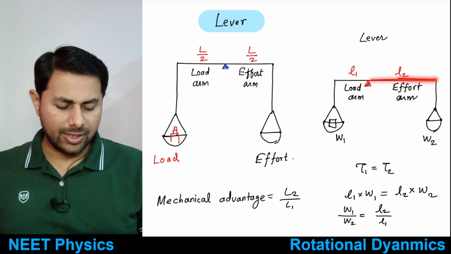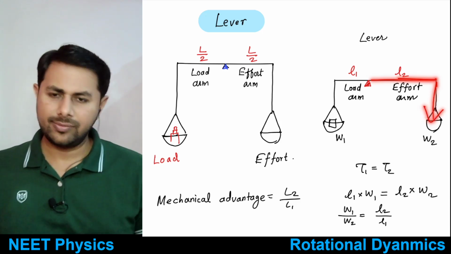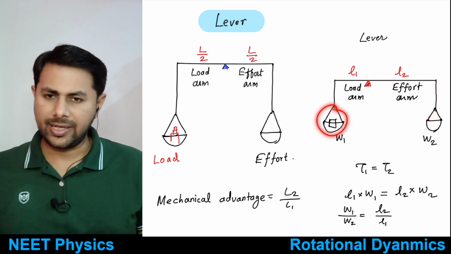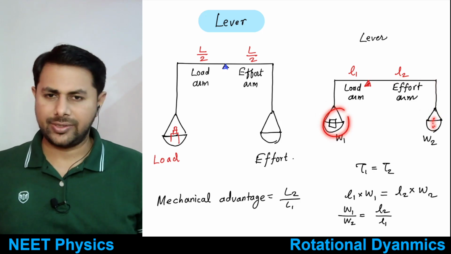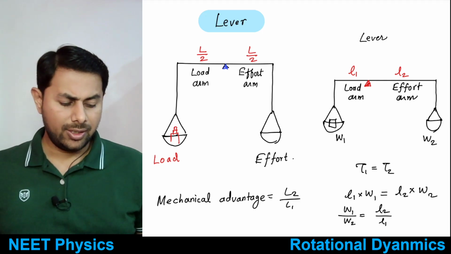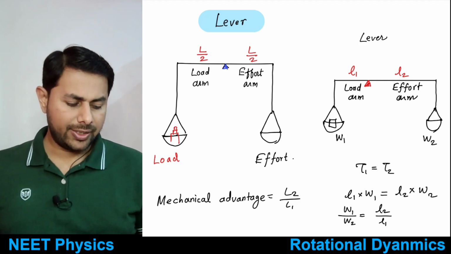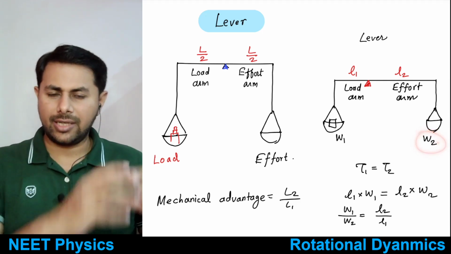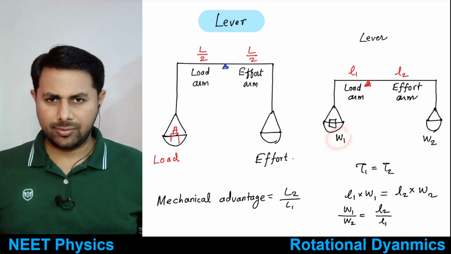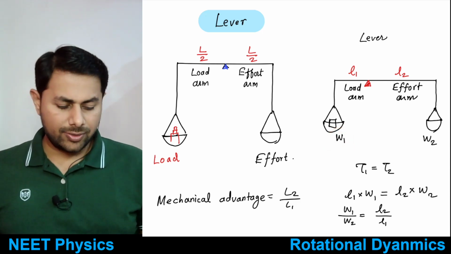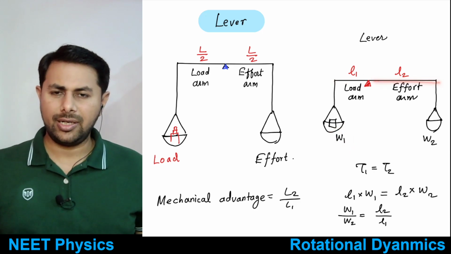This is the effort arm. Either you pull it down to lift this, or you put some weights. What you want to achieve here is that W2, the effort that you are putting, should be less than W1. L1 is the length of the load arm, L2 is the length of the effort arm.